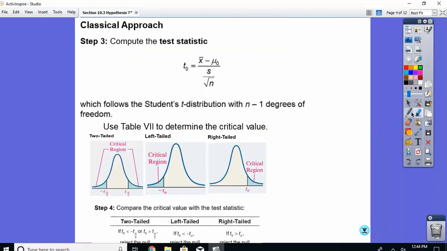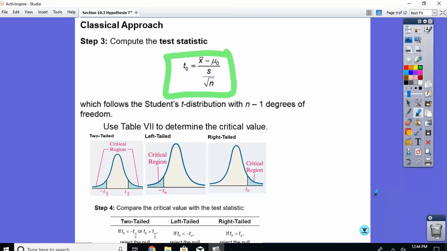Here's what's different. Remember when we did the confidence intervals for the x-bars, we used t's? They're coming back. So we will compute our test statistic, our t. If you look on your formula sheet, chapter 10, it has your formulas for your test statistics.